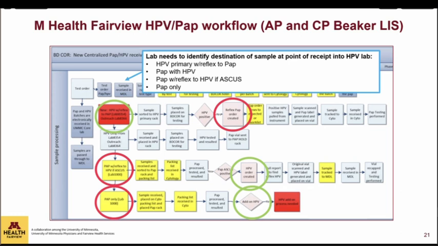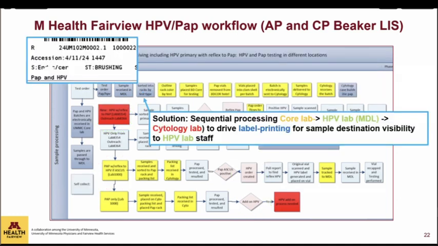So the solution we have come to for dealing with this is a combination of data and sequential processing. Through our workflow analysis, we identified that the lab needs to be able to identify the destination of the sample at the point of receipt into the HPV lab, so that they can then triage the samples to the correct first instrument for the workflow.